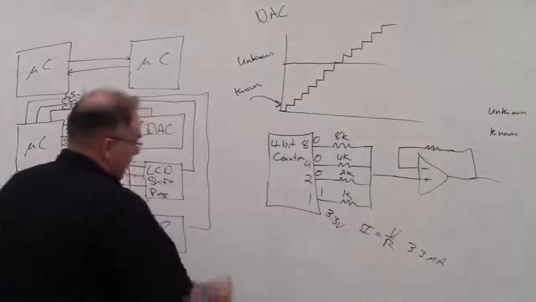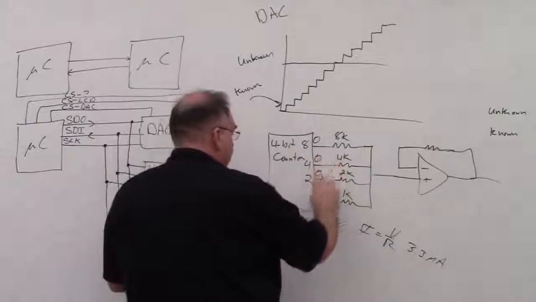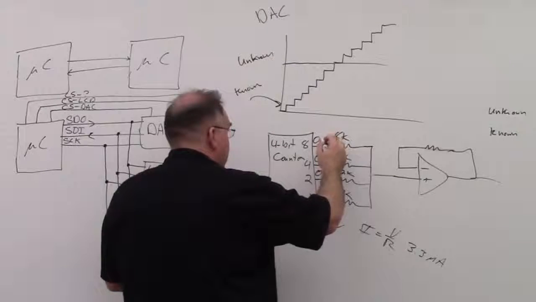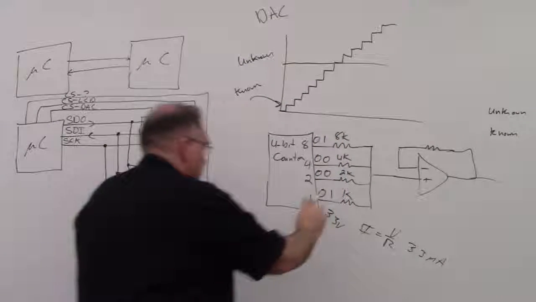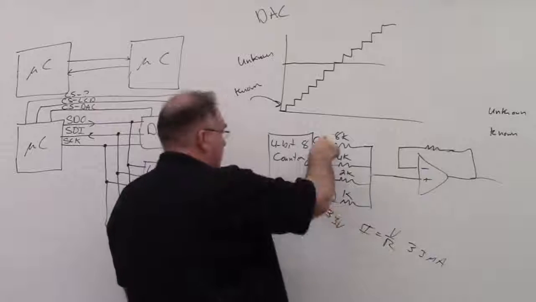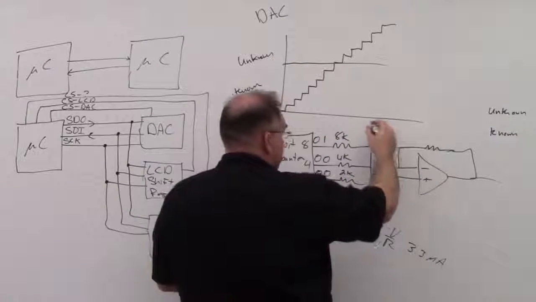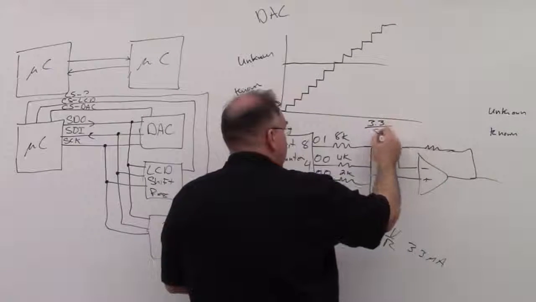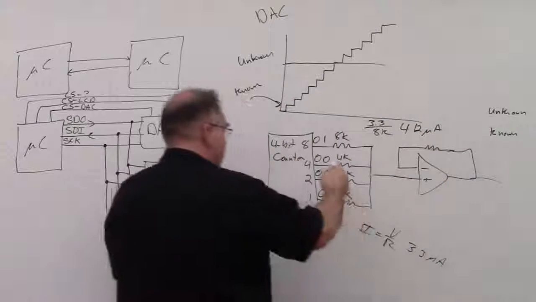That would give us 3.3 milliamps into this op amp. But if we used a value like that, where we have 1000, we would have 3.3 volts divided by 8K, 412 microamps.